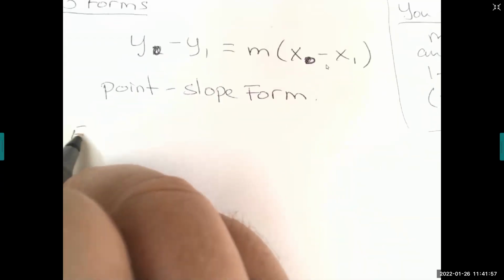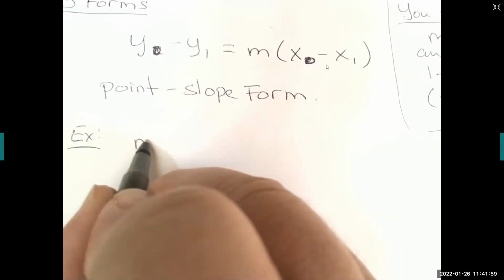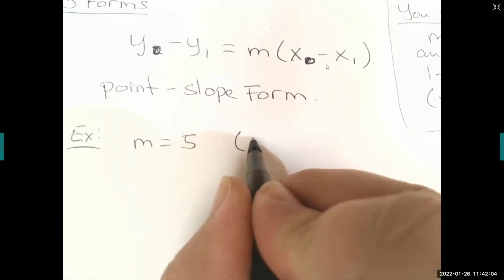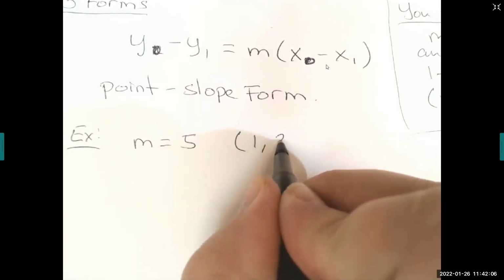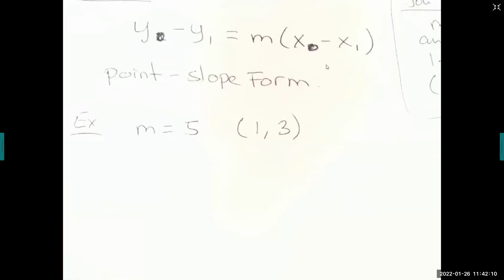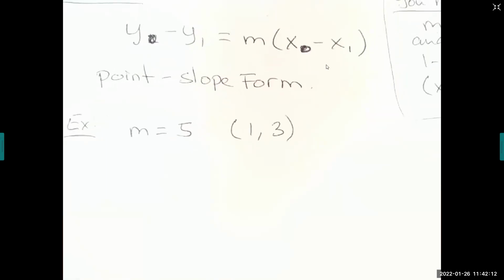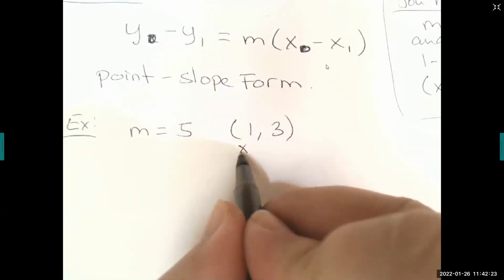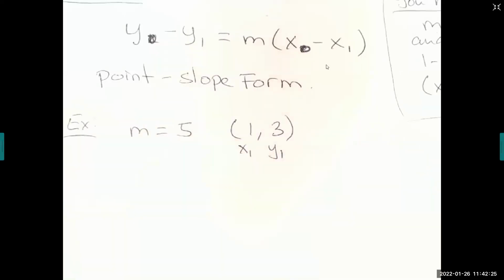Here's an example. Slope equals 5, and the point is 1, 3. So if you're asked to find the point slope form, and I give you this information, all you have to do is plug in these values and you're done.